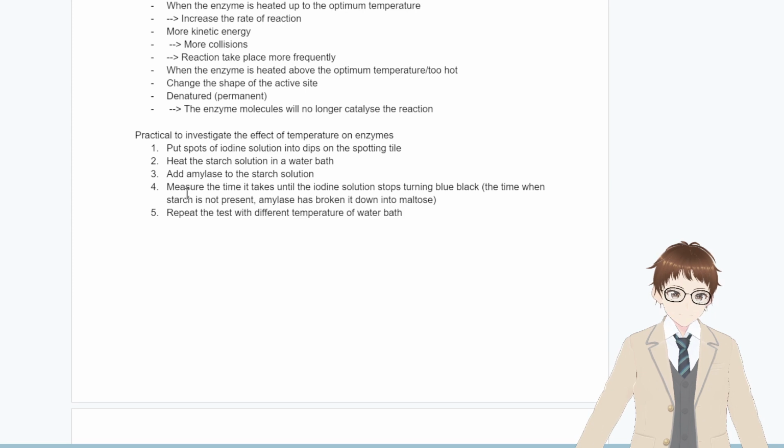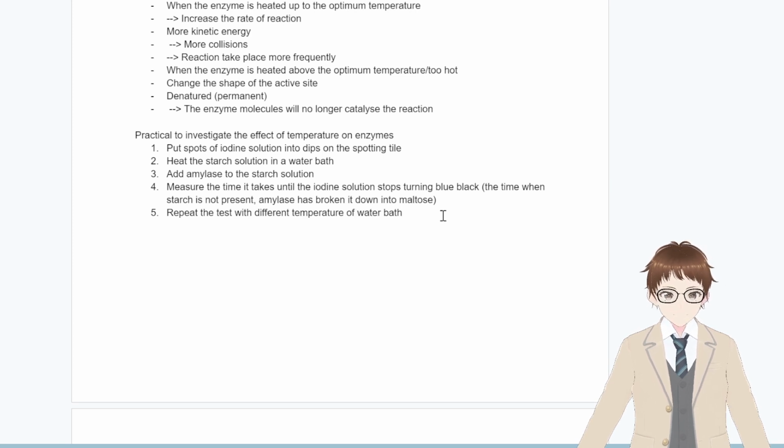Then measure the time it takes until the iodine solution stops turning blue-black, which means that is the time when the starch is not present, because amylase has broken it down into maltose.